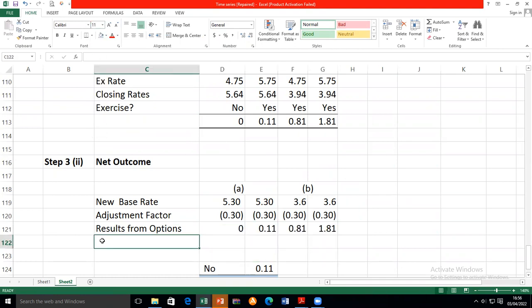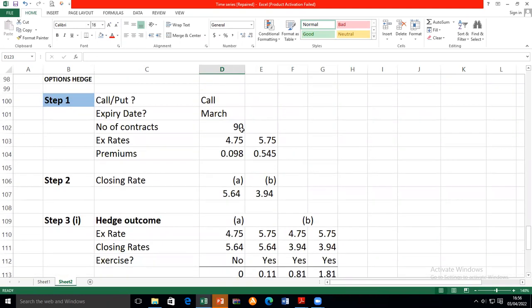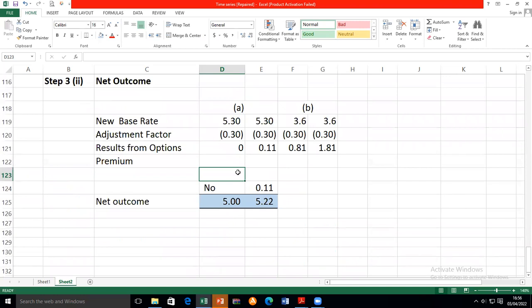Then you've got the premium that you have paid. How much is the premium? For 4.75, what was the premium that you paid? You come here, 0.098. This was 0.098.